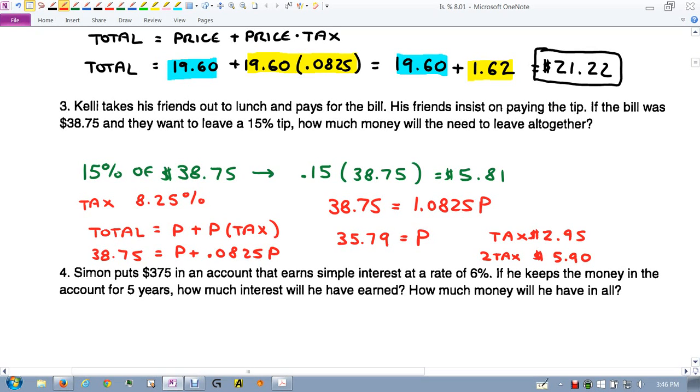I know. So when I write your test, it will not be open to interpretation. It'll be very clear. Because this is the type of thing that can make word problems very confusing, when the wording is not clear enough for you to understand what's happening. I think you could say both ways. If you're talking about the group of people as friends, they need to leave 5.81. The whole table needs to take that number and add this number, and that's how much they need to leave altogether. Okay?